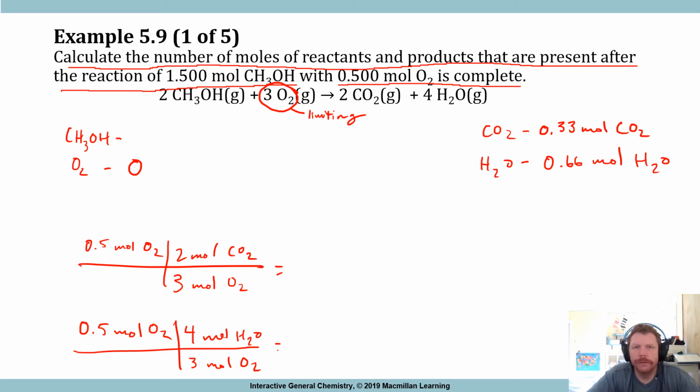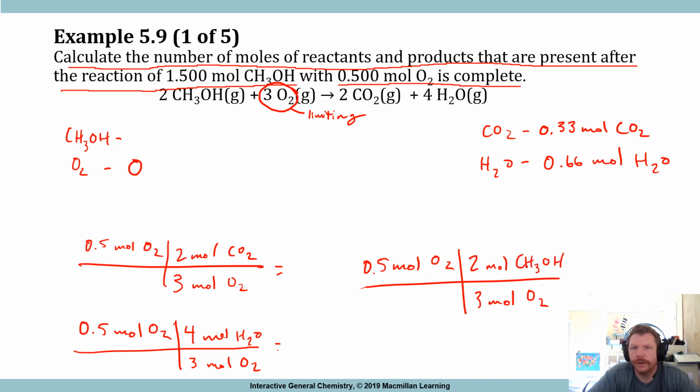Okay, now the next one that I want to use is 0.5 moles of O2, 3 moles of O2 to 2 moles of CH3OH. Now 0.5 times 2 divided by 3 is going to again give me 0.33. But what is that number telling me? This number is telling me the amount of CH3OH consumed.